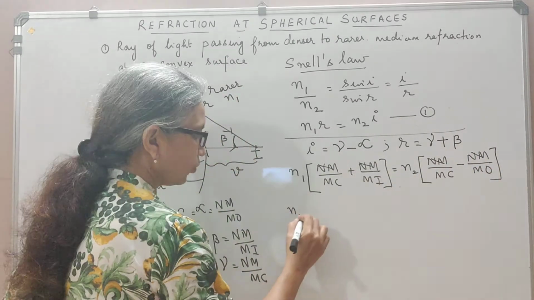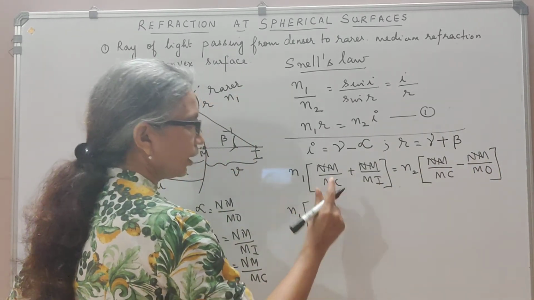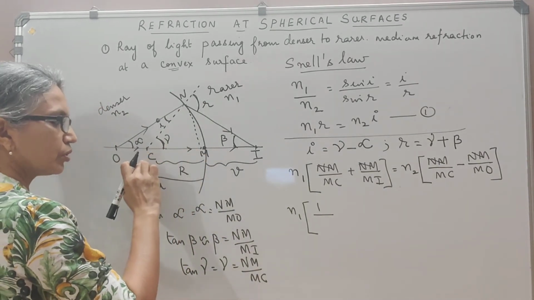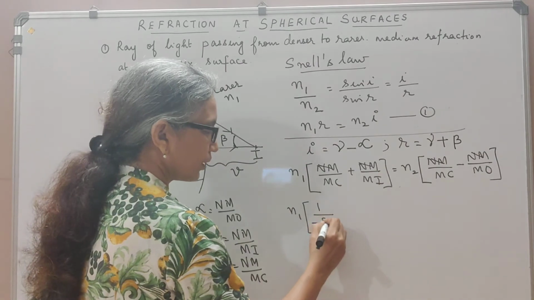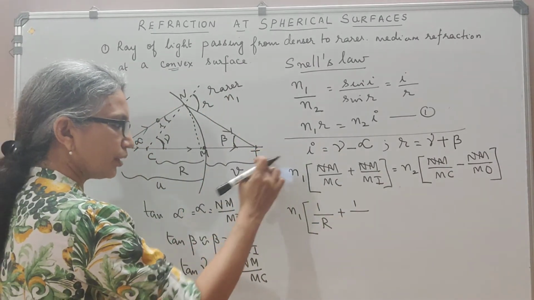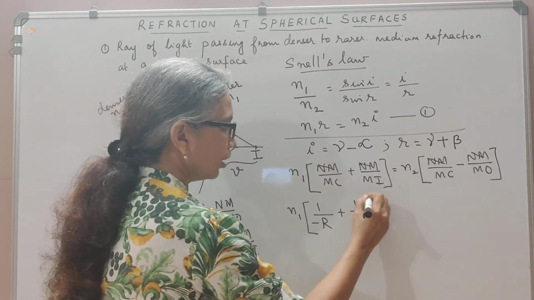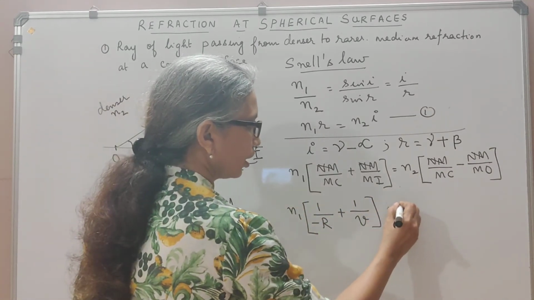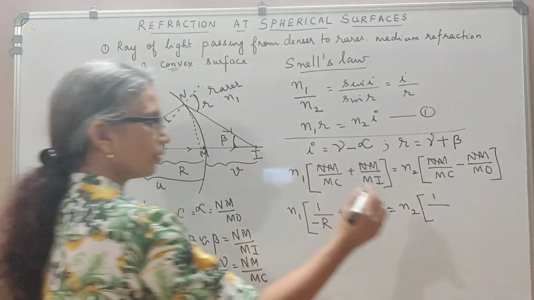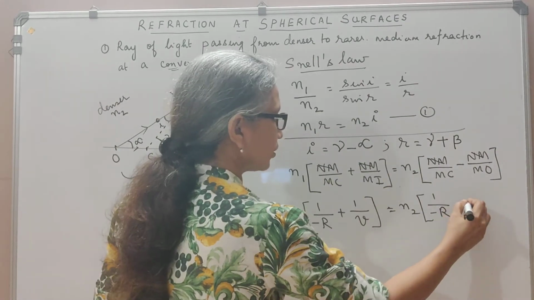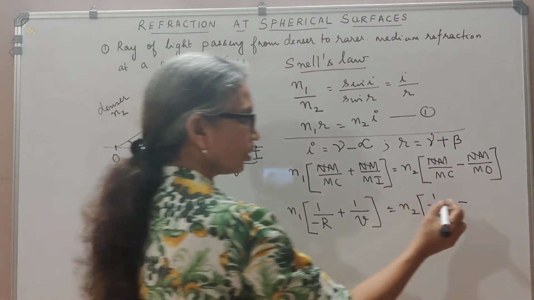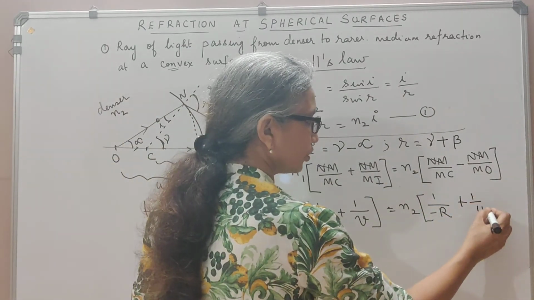So I may write this as N1 bracket 1 by MC. From here I am measuring to the left, so negative, so this will be minus R, plus 1 by MI. From here I am measuring to the right, which is V. This is equal to N2 bracket 1 by MC, again to the left, minus R, minus of MO, again measured to the left, so this is minus U. So minus of minus will become plus U.